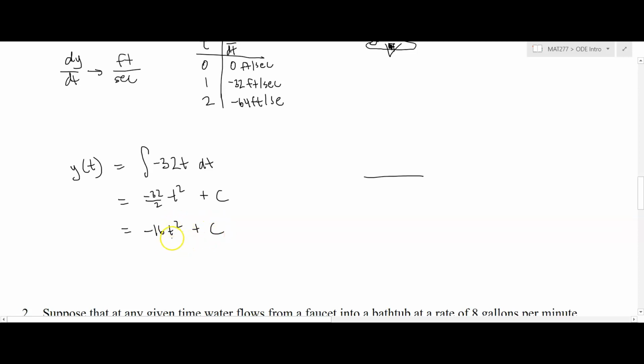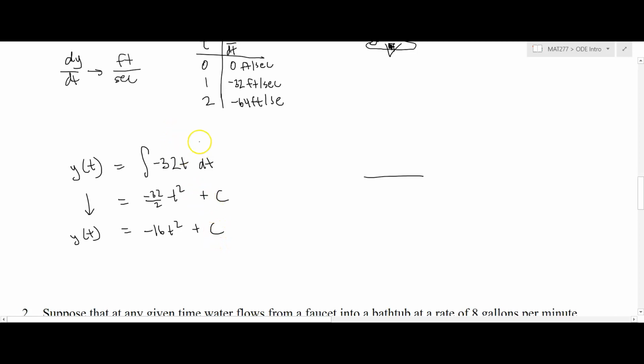And if I take the derivative of negative 16t squared, I do indeed get negative 32t. If I take the derivative of a constant, then I do get 0. And so we have to have that constant there because this constant is going to help us satisfy our starting condition, our initial condition. So we have that our function, y of t, is negative 16t squared plus c.